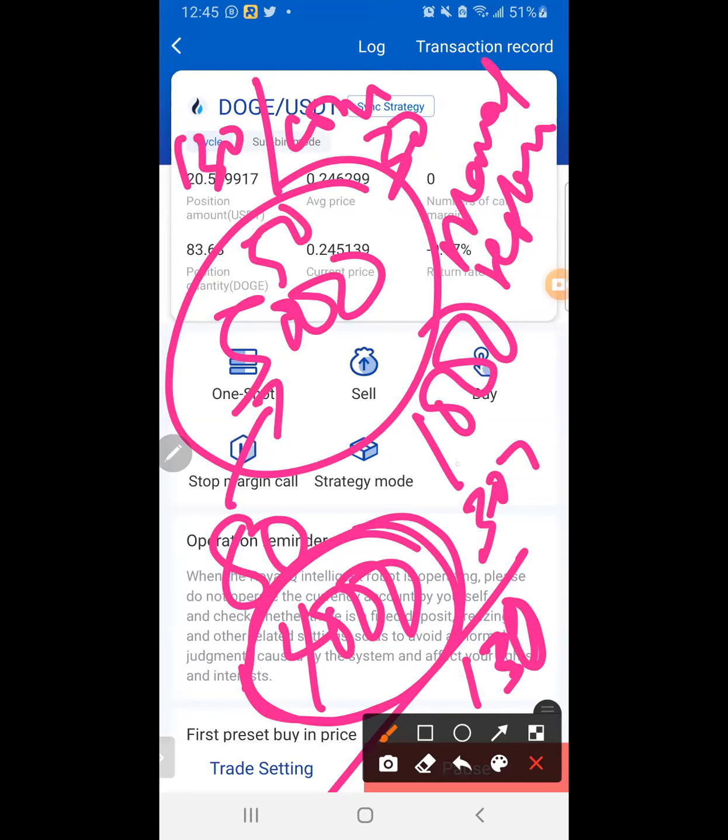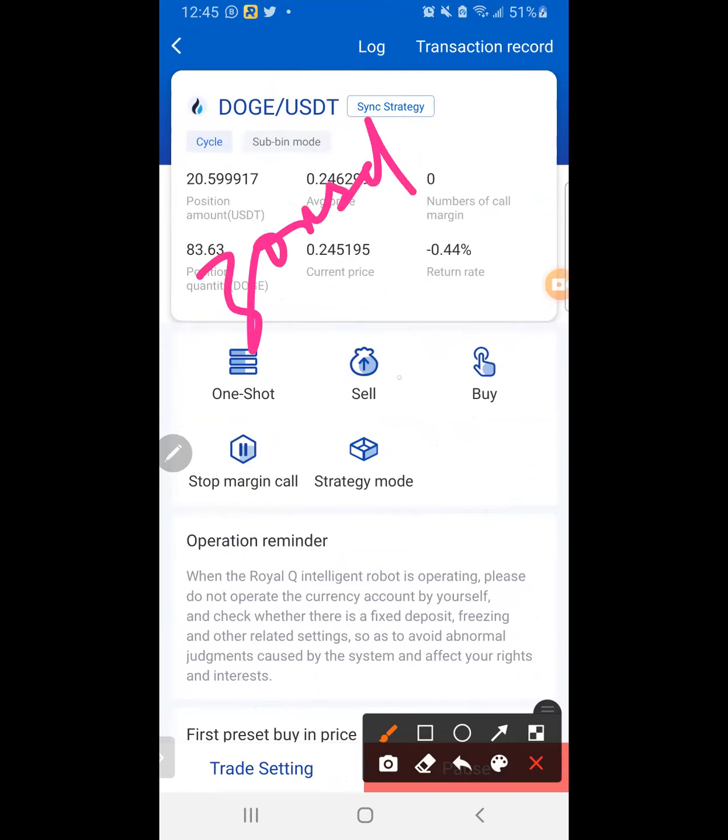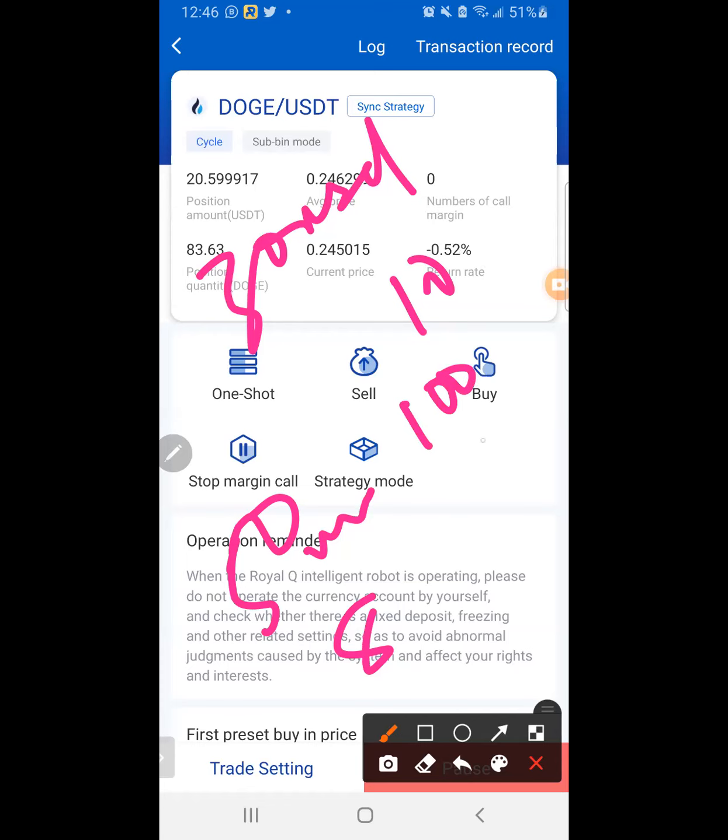And then pieces, just put 30 USDT and 10. 50 USD and 8 pieces. If you want to put 100 USD and 4 pieces.